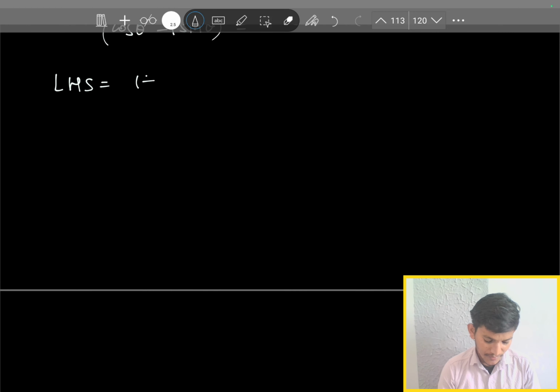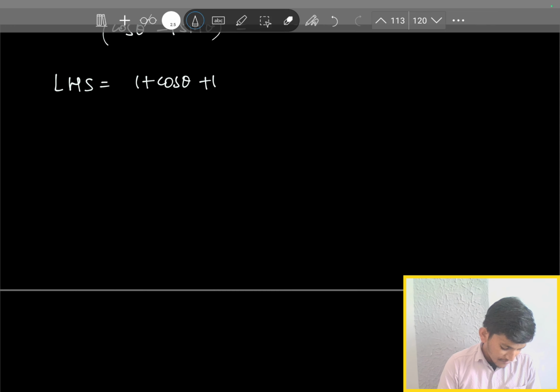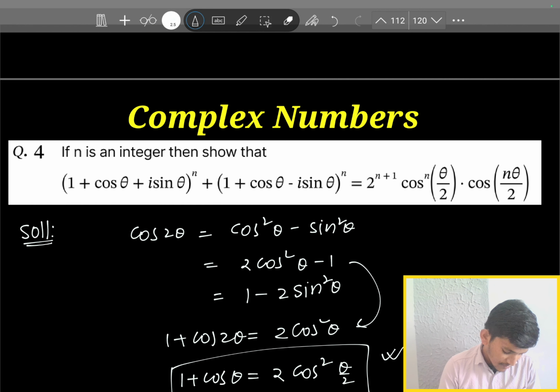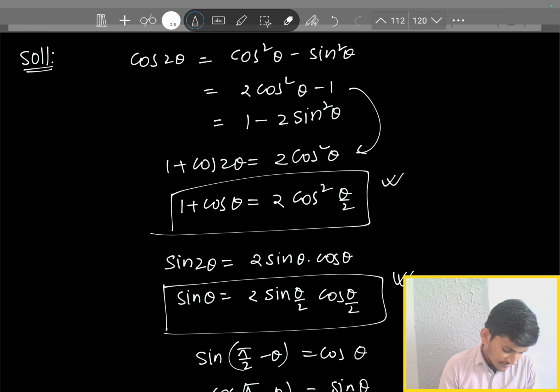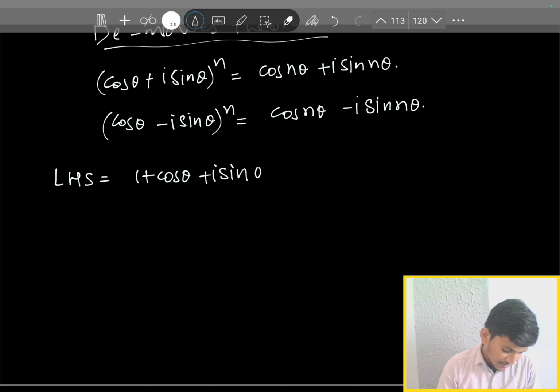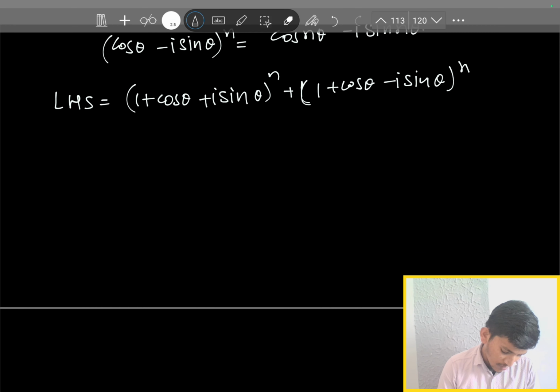So in continuation with the question, on the left hand side we have (1 + cos theta + i sin theta)^n plus (1 + cos theta - i sin theta)^n.